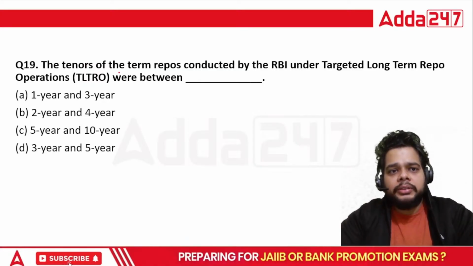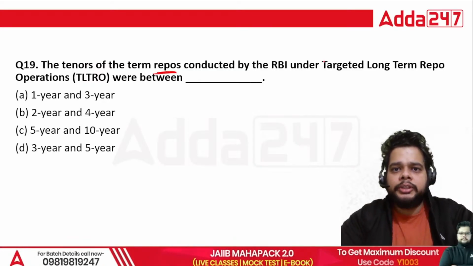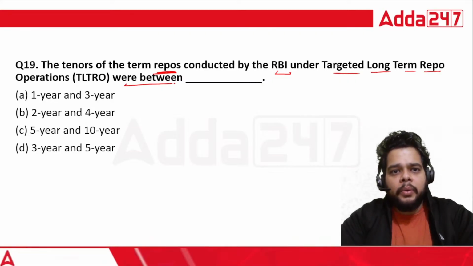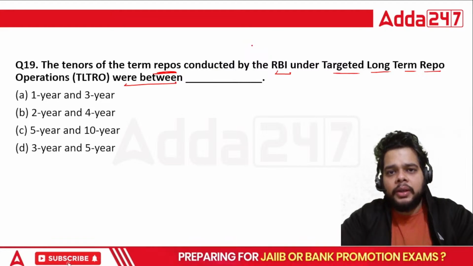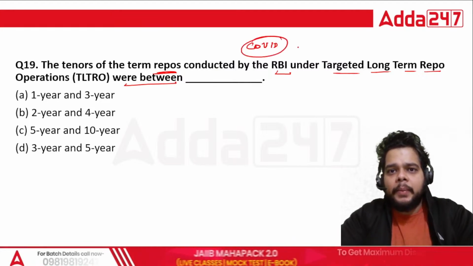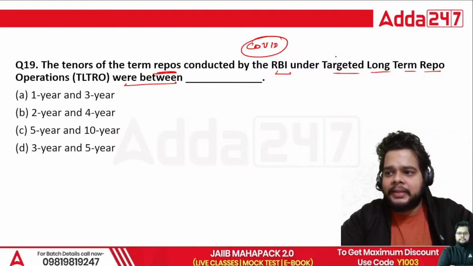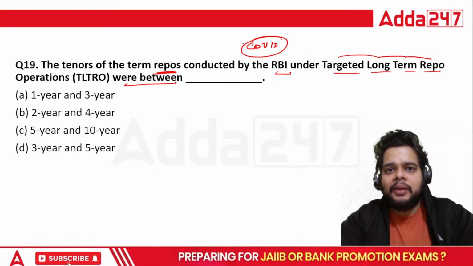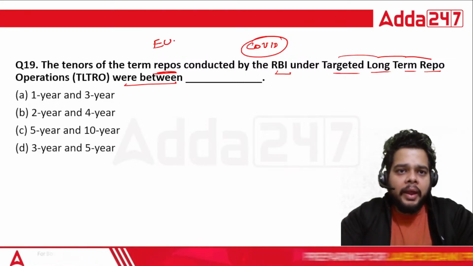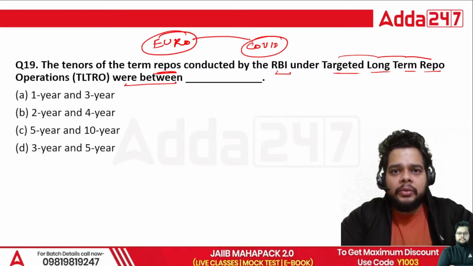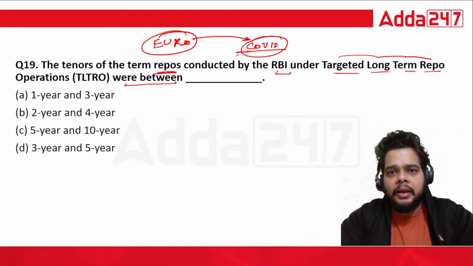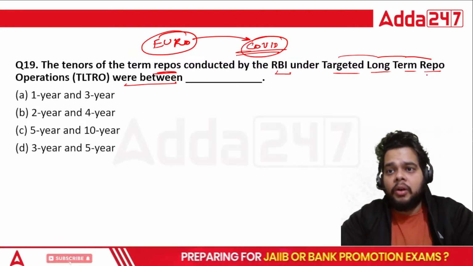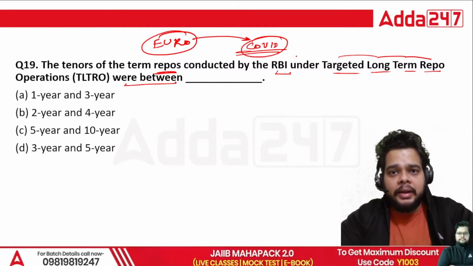Then we have the tenors of the term repos conducted by RBI, the targeted long-term repo operations, were between dash. So always remember, during the COVID era, RBI came up with the TLTROs, that is targeted long-term repos. When we talk about the TLTROs, we had this particular mechanism in the Eurozone, from where we took the hint, and we introduced these long-term operations in our country as well.